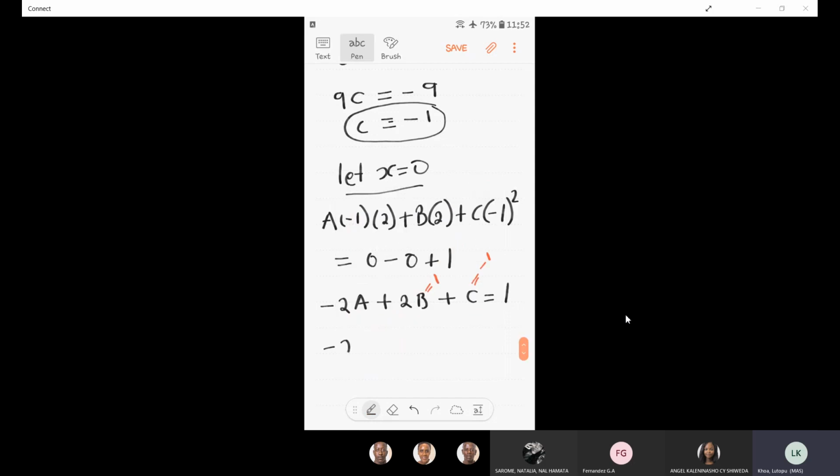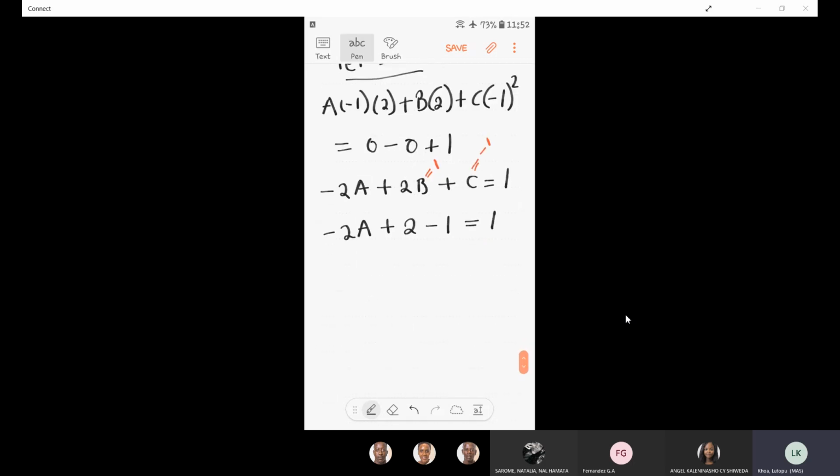So I have minus 2A, and A, I still don't know what it is, plus 2 minus 1, and this is equal to 1. So I solve this. The 1 goes to the other side, I have 2, and then the 2 goes to the other side, I have 0. So I have minus 2A is equal to 0. That means A is equal to 0.